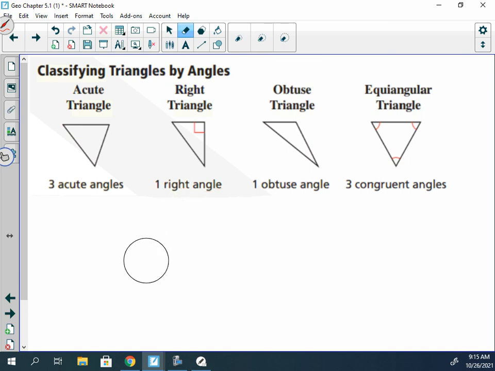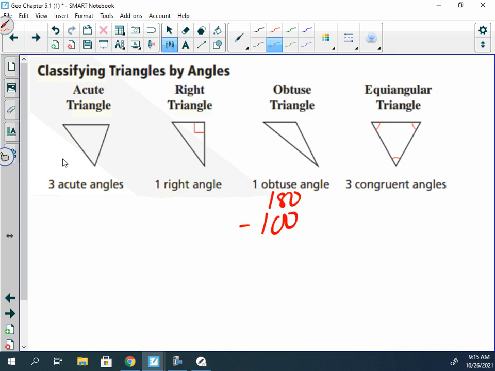If one of the angles is 90, we can see that the other two cannot be 90 degrees. Let's say 100 for our obtuse, because 100 is an obtuse angle, because it's greater than 90 degrees. We said the total was 180, so the other two angles have to add up to be 80 degrees. Could either one of those two angles be obtuse? No, because 80 is already acute.